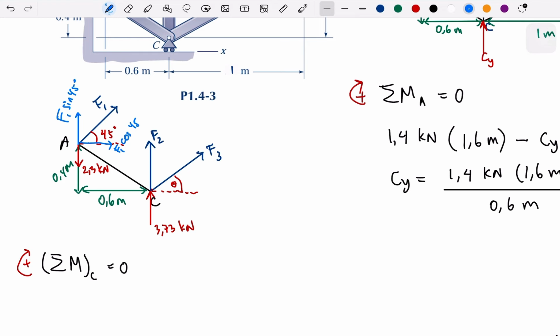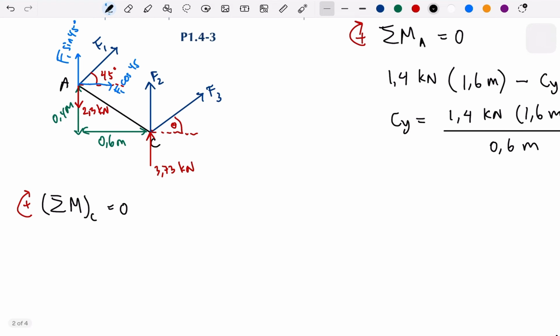So, okay. So F1 sine 45, that is, I think, positive. It's going clockwise. F1 sine multiply with the 0.6 meter, right?